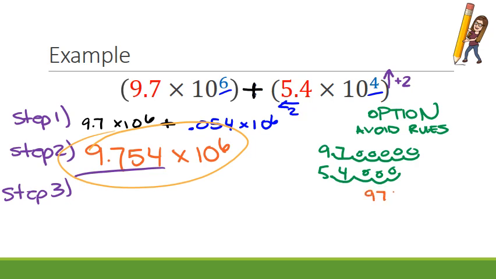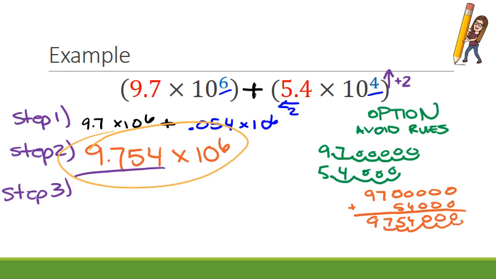Some students find that much easier to line up and add. So I have 9, 7 with 5 zeros, and I have 54 with 3 zeros. I can old school add those up, draw a bar, line up your placeholders, 4, 5, 7, 9. Then I can go back to scientific notation by moving the decimal. 1, 2, 3, 4, 5, 6.